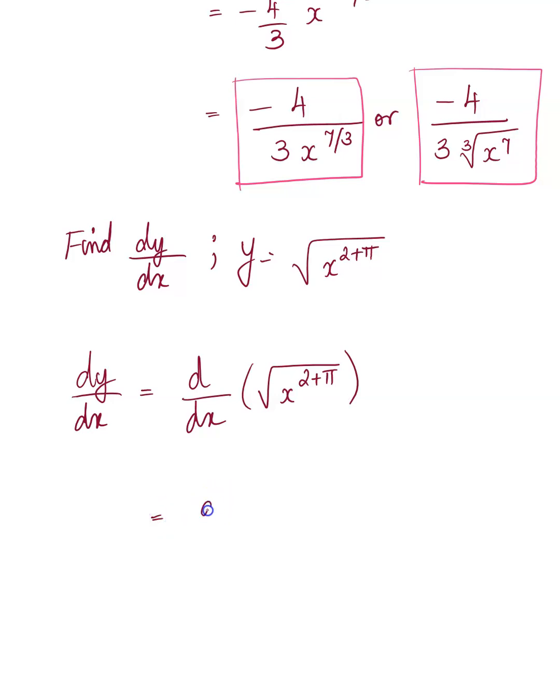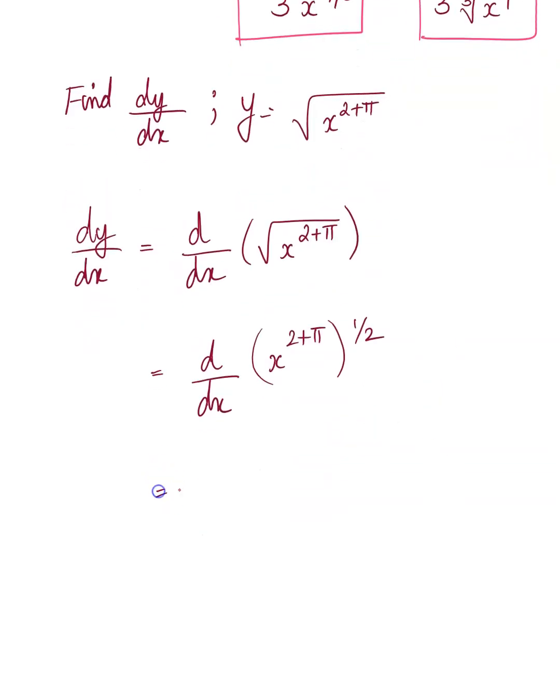So now you have here the square root for this x power 2 plus pi. But we know that square root is written as power half when you write it in the rational notation as a ratio.